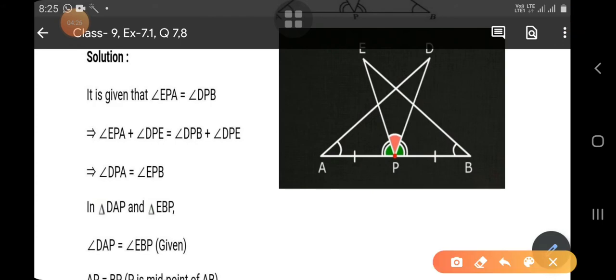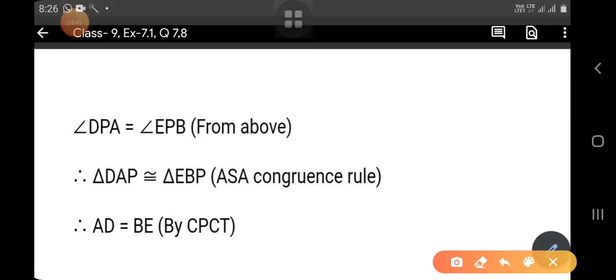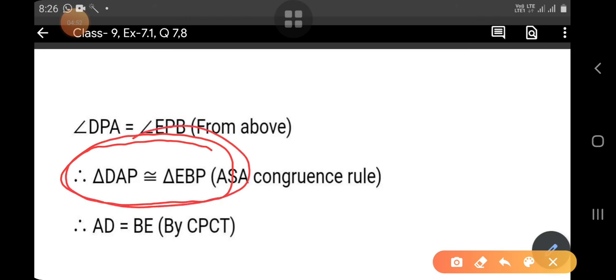Just see the picture. In this picture, these two angles and the included side are equal to these two angles and the included side. So by the angle side angle congruency rule, we can say that triangle DAP is congruent with triangle EBP. If both the triangles are congruent, then by CPCT we can say that side AD is equal to BE.